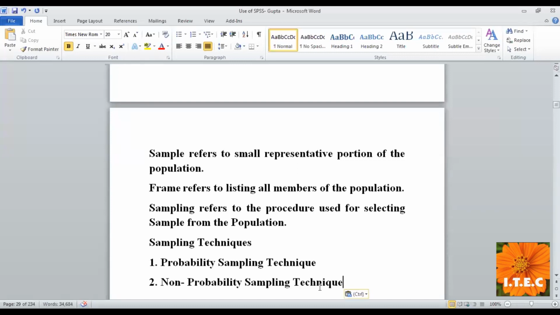So all sampling techniques have been classified in these two classes or groups or categories. Now, your probability sampling techniques, you know the names, or should I tell you the names?